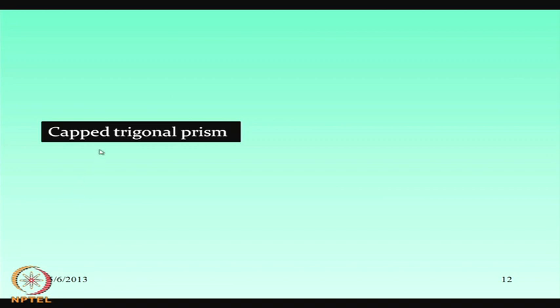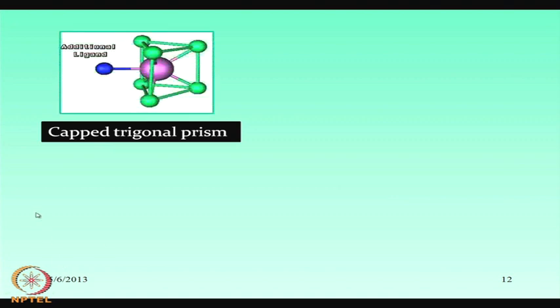So, the first example, if we can see with that of our capped trigonal prism structure. Already these green spheres, we have 6 such green spheres in our hand. So, the coordination number using 6 such green spheres is 6, and we put the corresponding additional ligand, that blue ligand, as the 7th coordination.